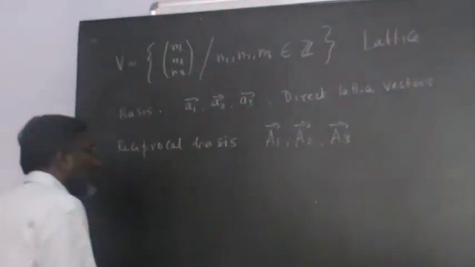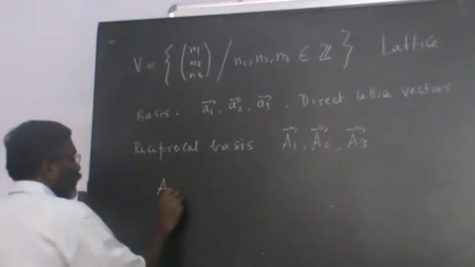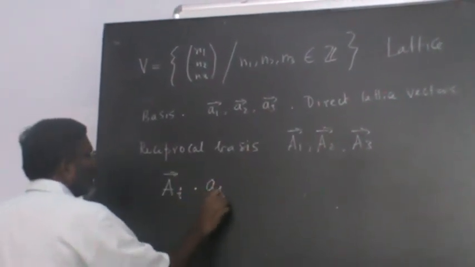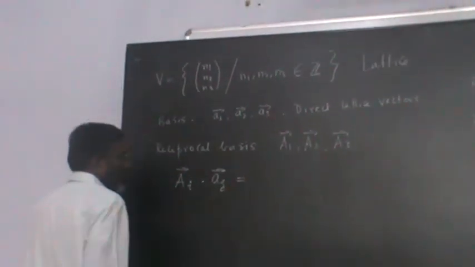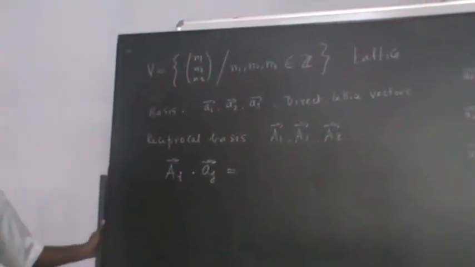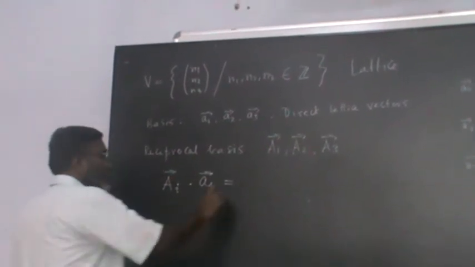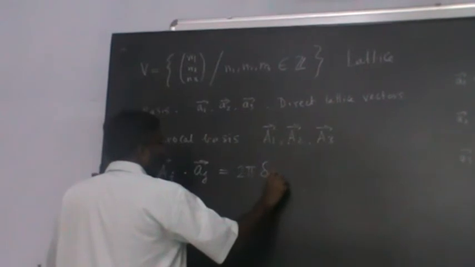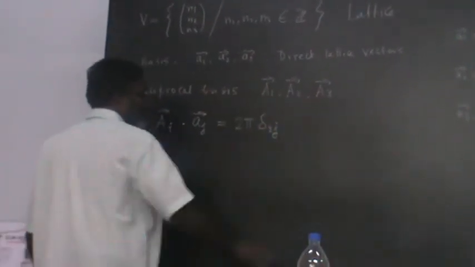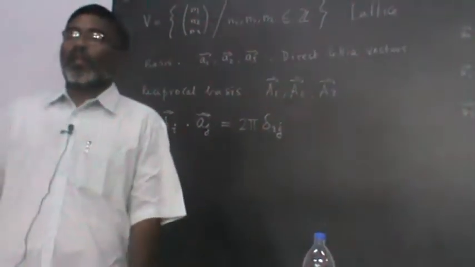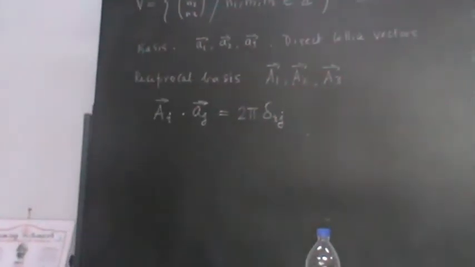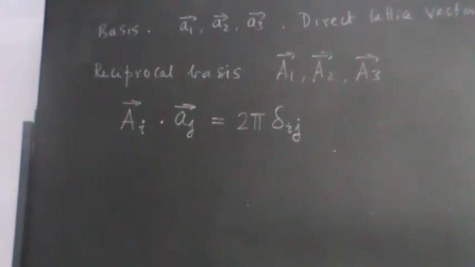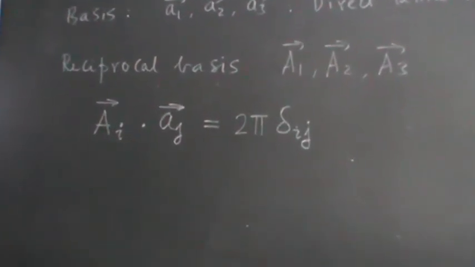In solid state physics, you define this reciprocal lattice as A_i dot B_j equals 2 pi times delta_ij. Normally in mathematics we define it as delta_ij. But in solid state physics, we always work with a wave vector, which is 2 pi by lambda, and frequency, which is 2 pi times nu, so you define it with 2 pi times delta_ij.